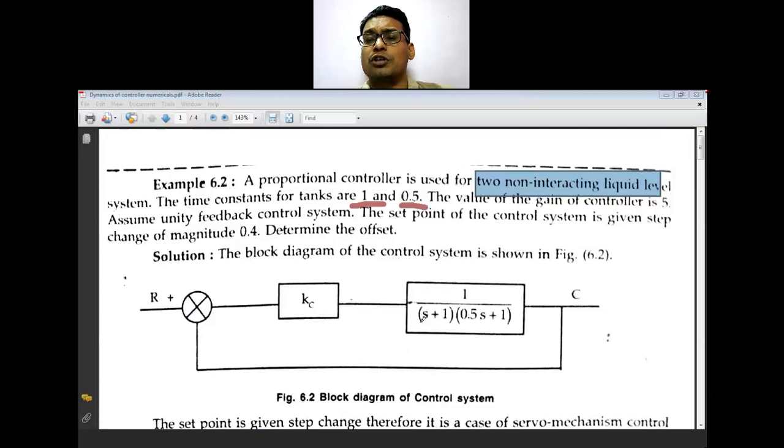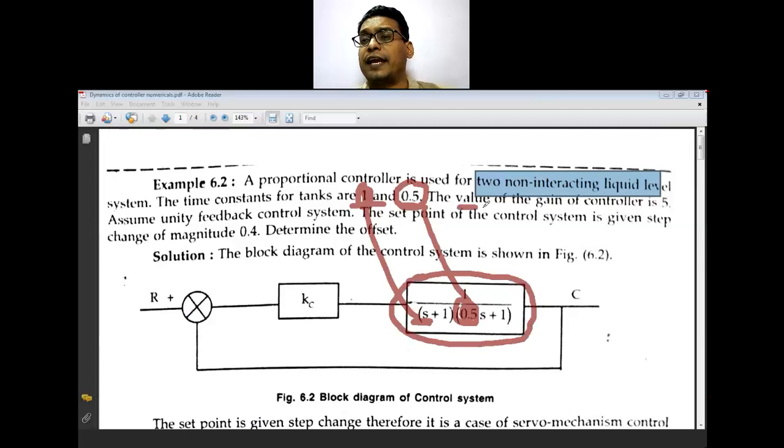So 1 upon (1 plus tau 1 s), where 1 is the time constant for the first system, and 0.5 is the time constant for the second system. So this is the equation for the process incorporating the two non-interacting liquid level systems.